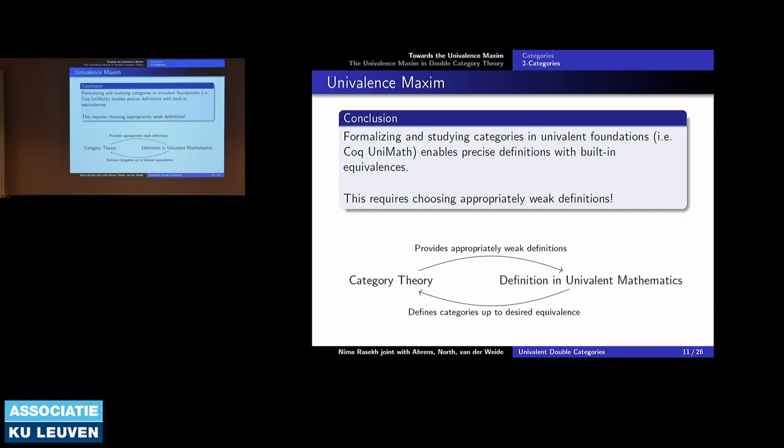This is the diagram that we get between category theory and univalent math. And we just saw an example of this. I'm in two-category theory, I know what the two-categories are, I know what biequivalences are. I want to define in the univalent world the notion of a bicategory invariant under these biequivalences. But this forces me to know exactly what the coherences of bicategory theory are. All right.